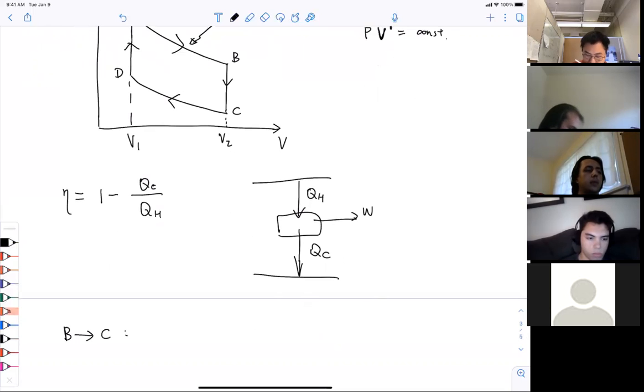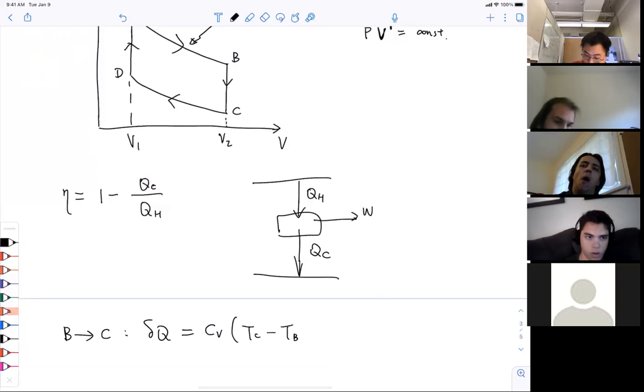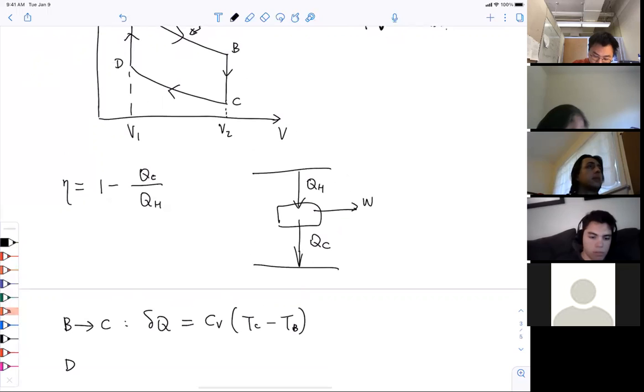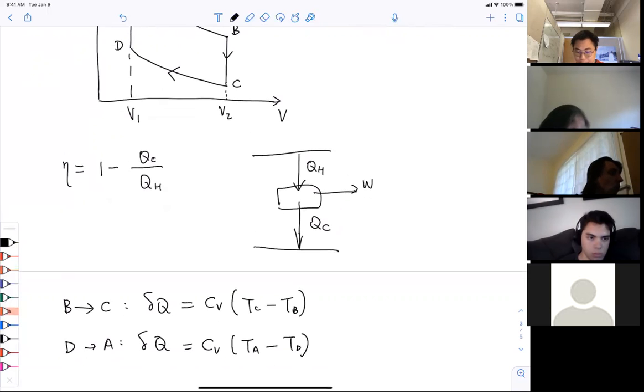From B to C, because it's a fixed volume, the heat exchange, according to the definition, is given by CV (TC minus TB). And from D to A, very similar, it's a fixed volume process, CV (TA minus TD), right?